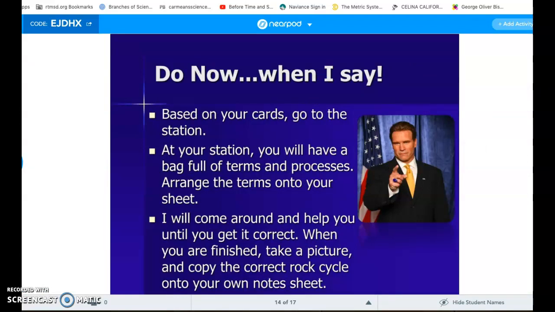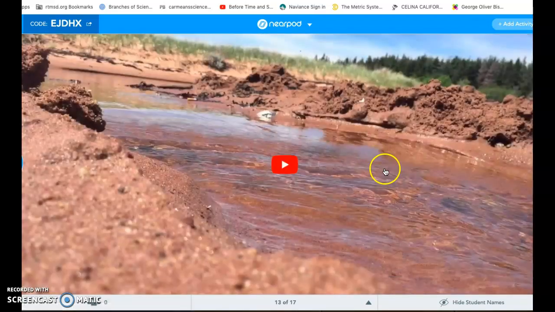Okay, so I'm going to stop here, but before I do, I just want to sum everything up and give you guys a quick overview. So the rock cycle explains how rocks form, and there's no specific order for the rock cycle because each rock can become any of the three types of rocks.